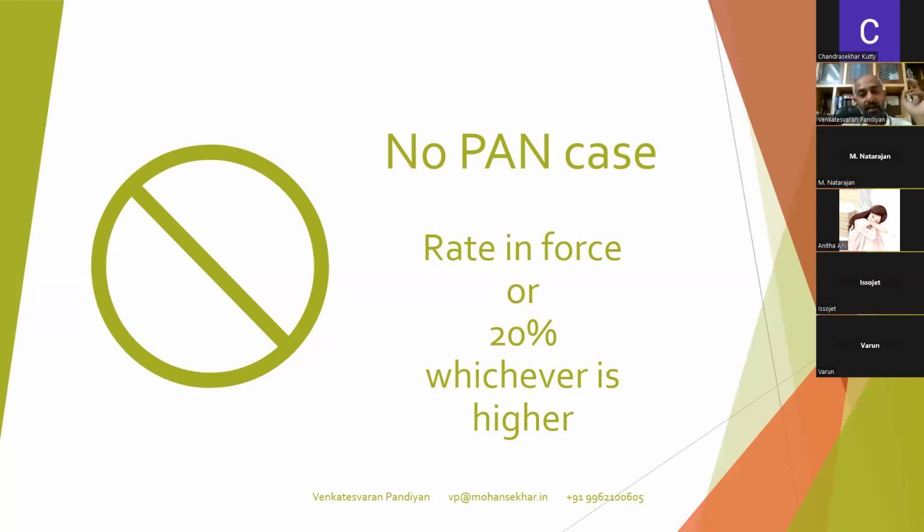Suppose the average tax for the employee comes to 10%, probably because he is in the 10% slab, and he has not provided a PAN number. Then 20% has to be deducted. On the other hand, suppose by computation the average tax rate payable by the employee comes to 30%. Then it is 30% or 20%, whichever is higher, so tax has to be deducted at 30%. This again has to be kept in mind.